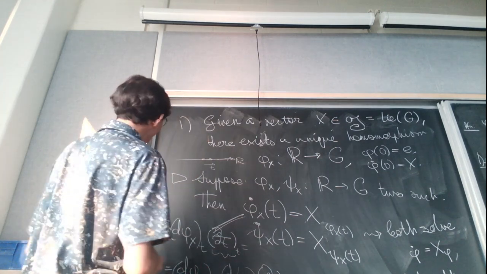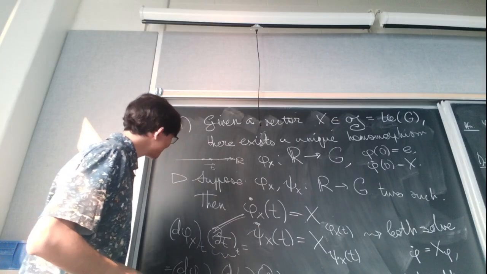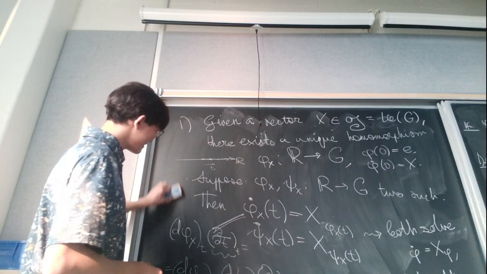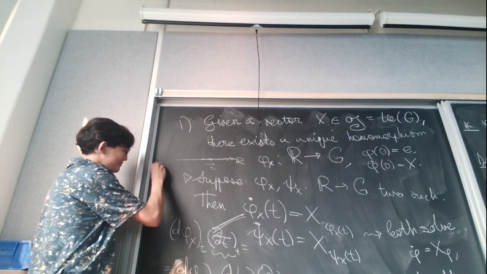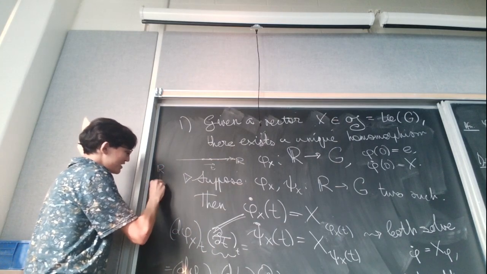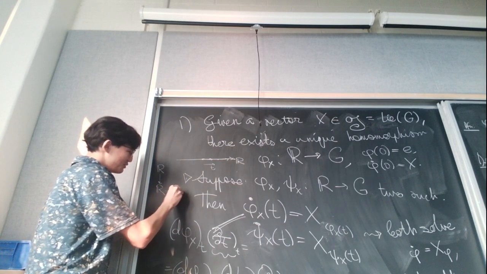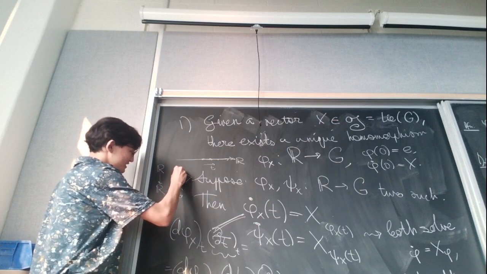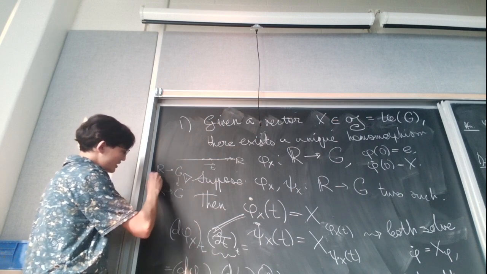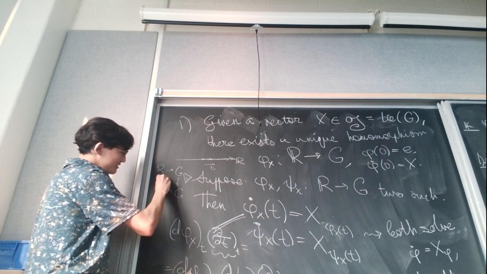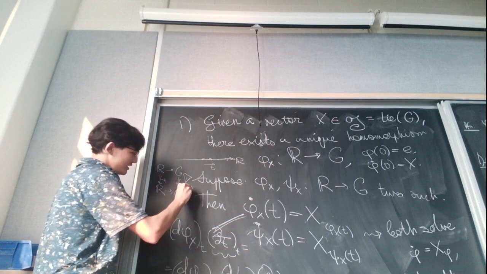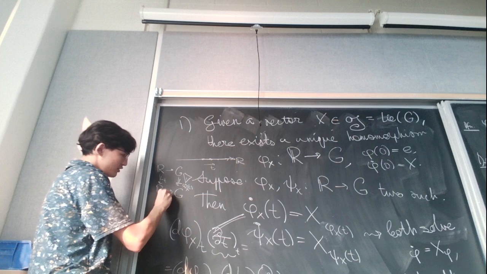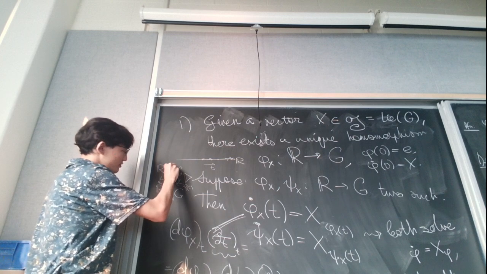Right. And then the homomorphism property implies that, well, it's not enough space. Implies that the diagram from R to R to G, where here you have L_t and here you have L_{phi_x(t)}, and here you have your map phi_x, and here you have your map phi_x.